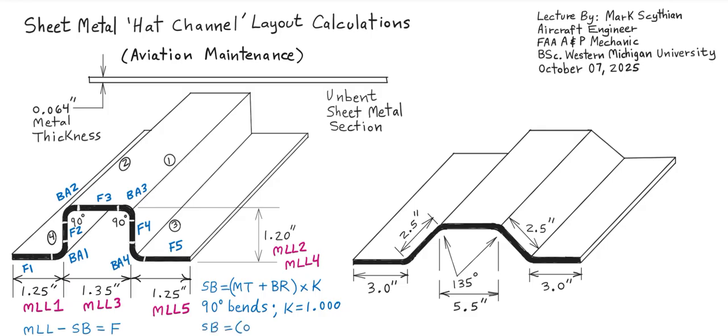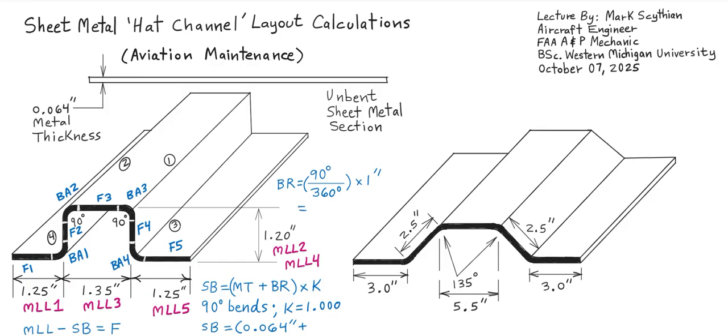So the setback is equal to the metal thickness, 0.064 inches, plus the bend radius. So what is the bend radius? This is a ratio of the degree of bend of 360-degree circle times the designated units, 1 unit. So in this case, we're using the US system of measure. It's in inches, so 1 inch.